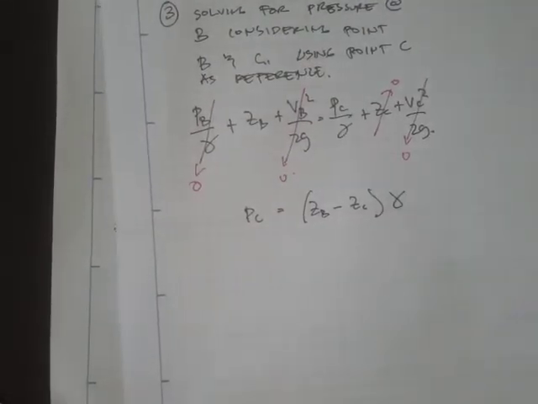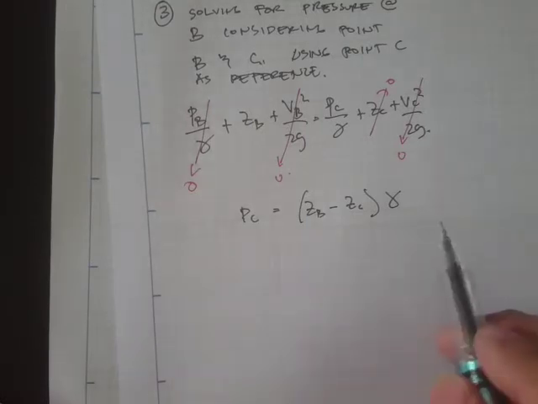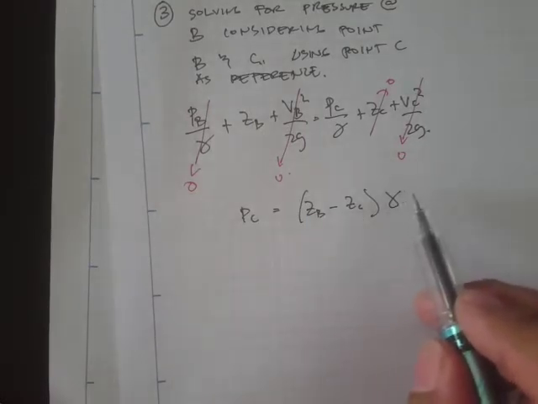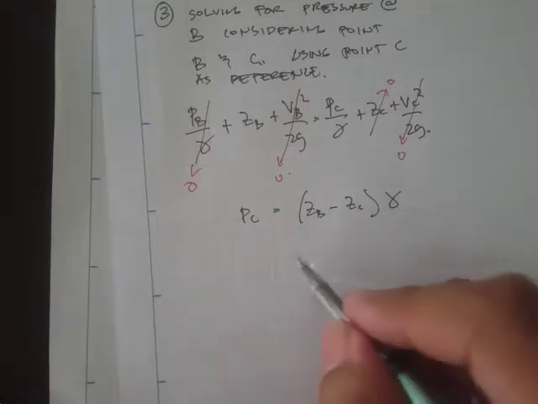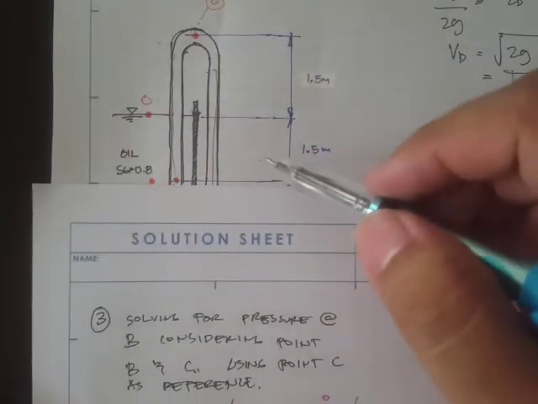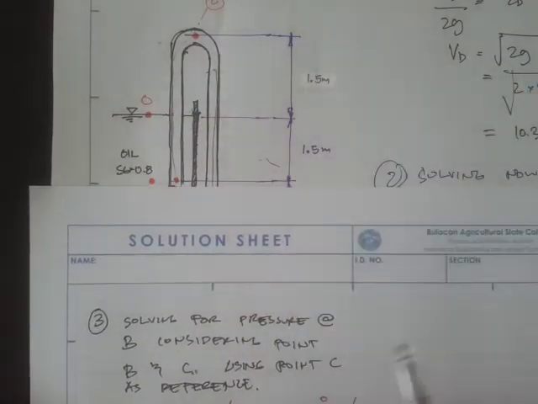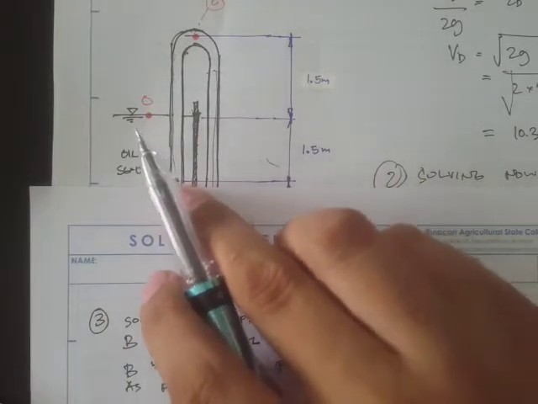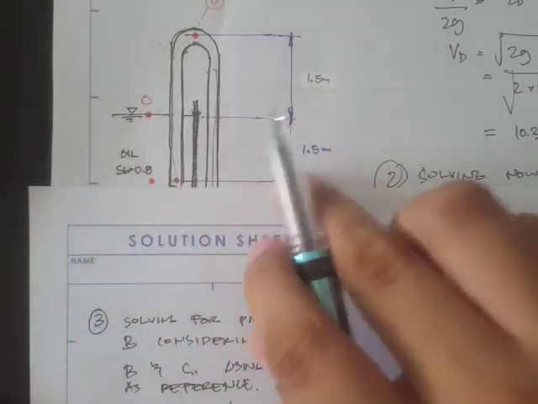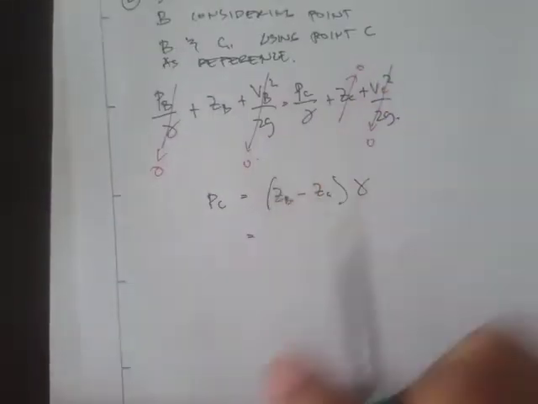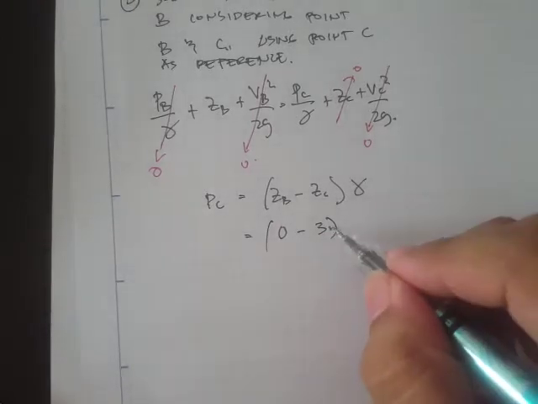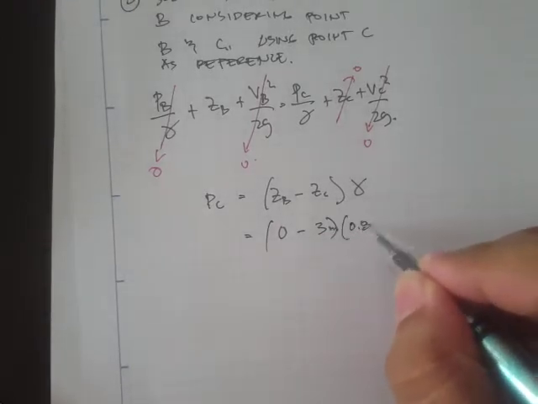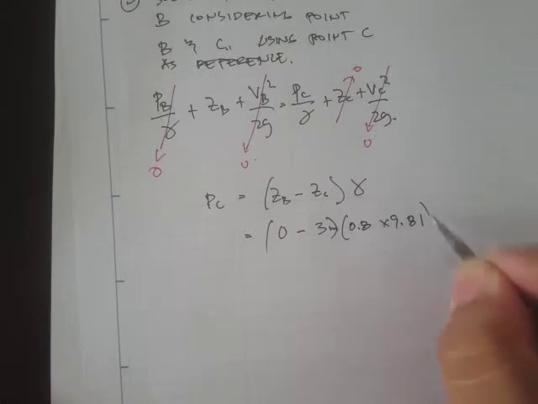So this is actually something like the hydrostatic equation: the unit weight times the change in elevation. Z sub B is 1.5 plus 1.5. If the reference point is 0, then this one is 3, so 0 minus 3 meters, then times 0.8 times 9.81.